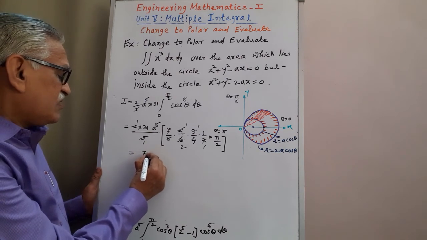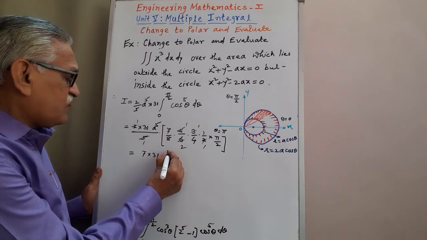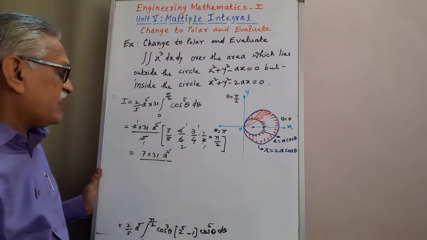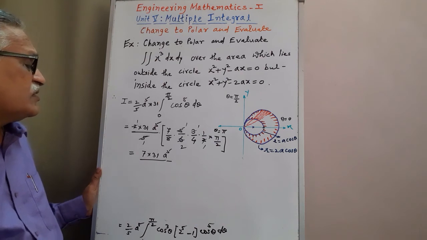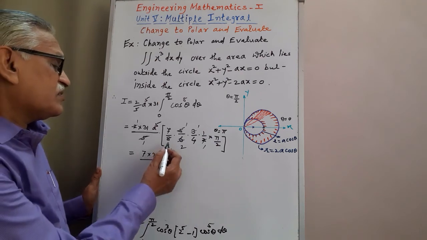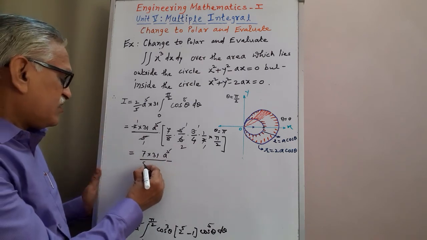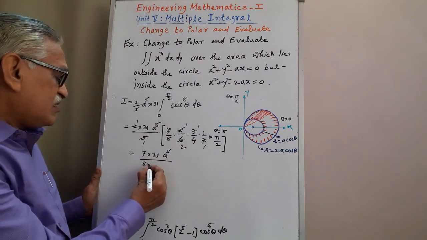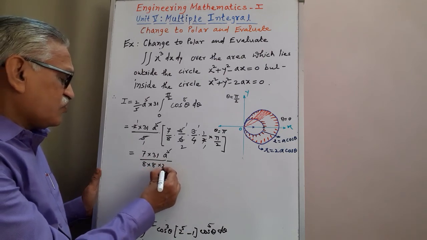7 into 31 into a raised to 5 divided by 8 into 8 into 2.